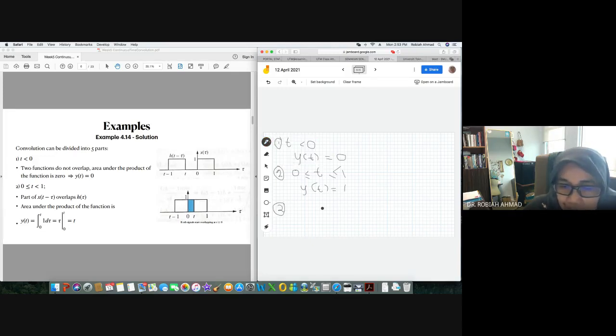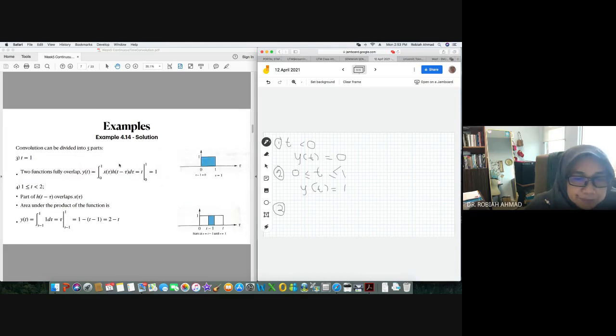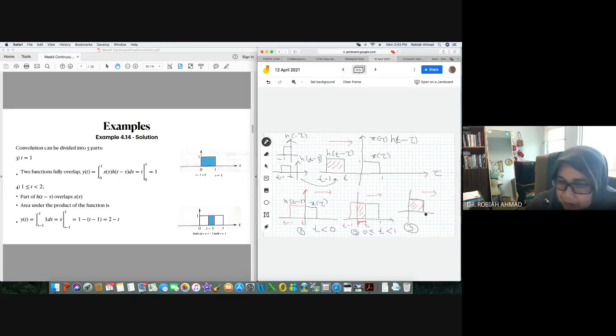When t equal to 1. Okay, pergi balik semula kat signal sini tadi. Okay, so sekarang kita punya yang merah tu adalah t minus 1 dengan t kan. Okay, ni t minus 1. So when t equal to 1, so this one will be 1, this one will be 0.